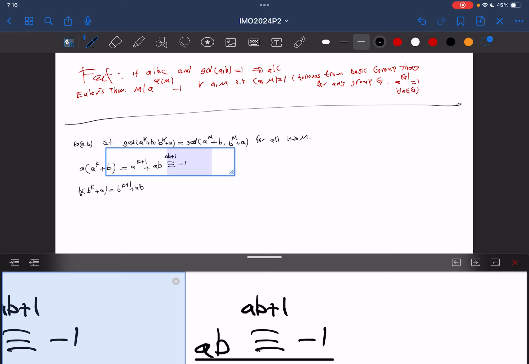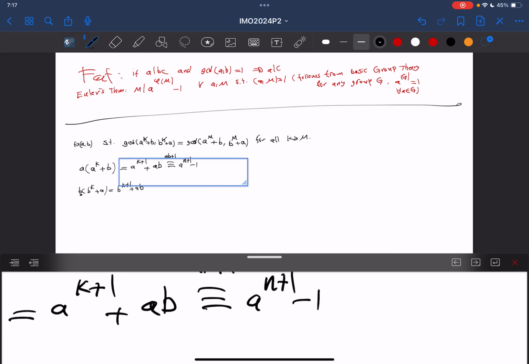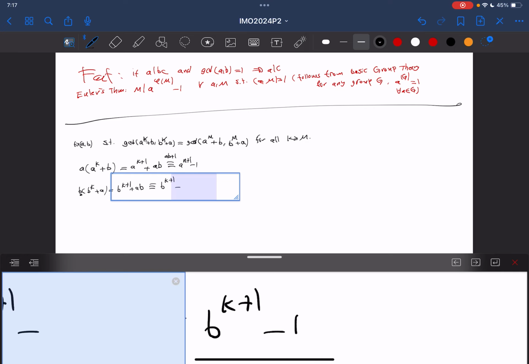Why is that the case? Because instead of ab, I can just write minus 1, and that's true mod ab plus 1. And the same for this case, I have b^(k+1) minus 1.